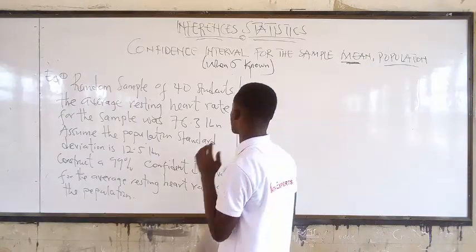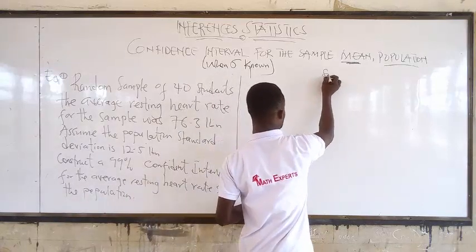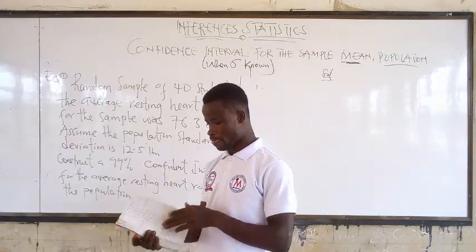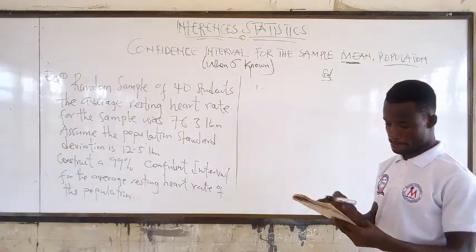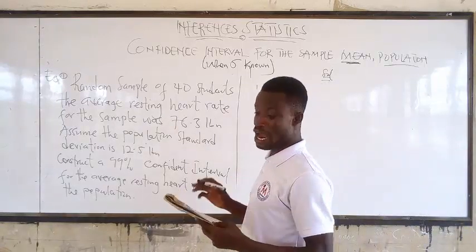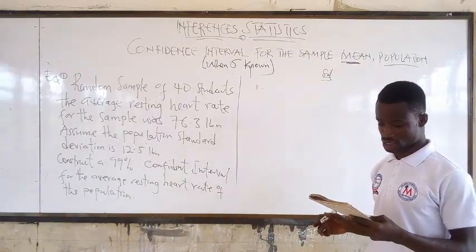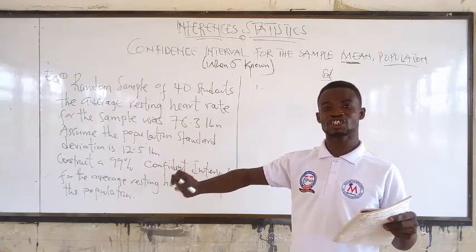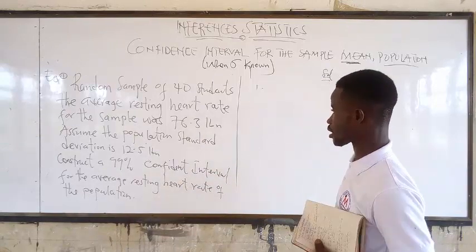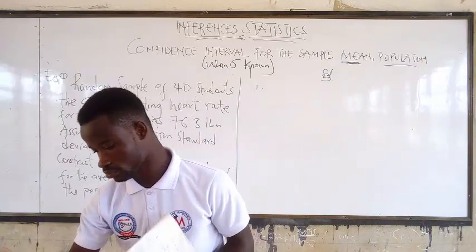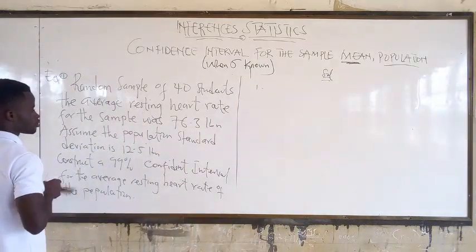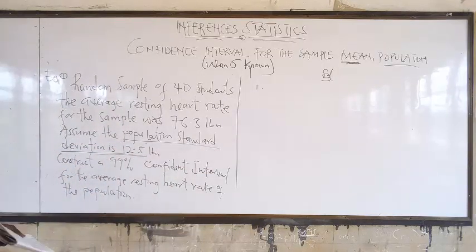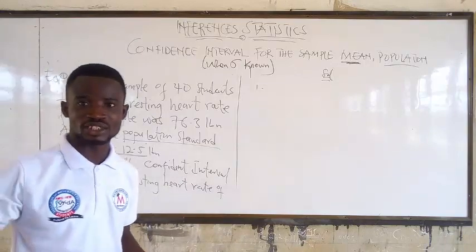So what's the first step? Is to check for the requirements. So what are the requirements? The first requirement is that there should be a random sample. That one is applied to all, so forget it. Do you see something like population standard deviation given in the question? Let's check. Oh, beautiful. The population standard deviation is given in the question.